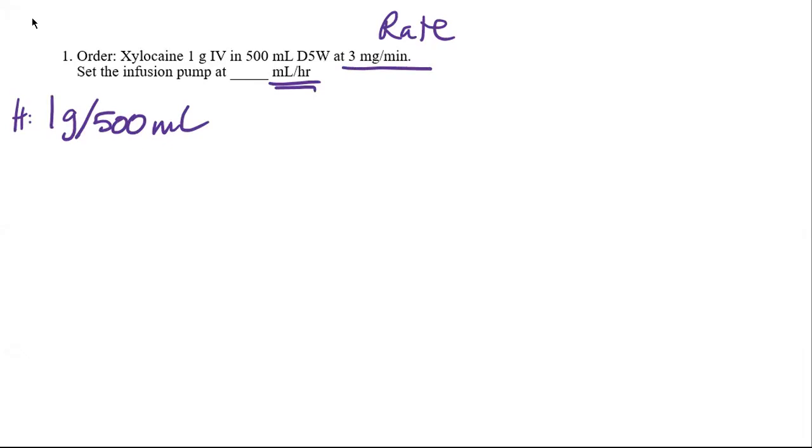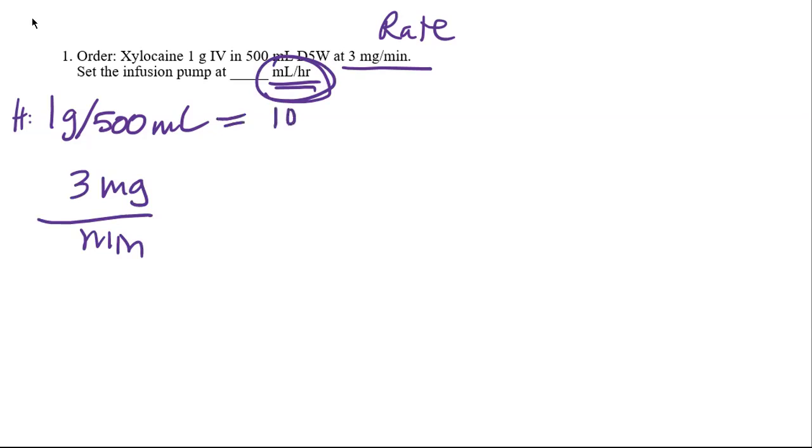So let's start with the rate. 3 milligrams per minute. Okay, remember we want to pay attention to that the most. And we have to change this one as well. Let's say 1,000 milligrams in 500 milliliters.